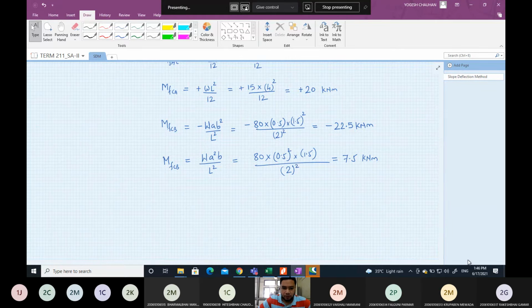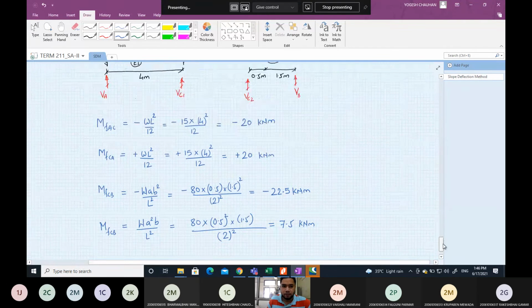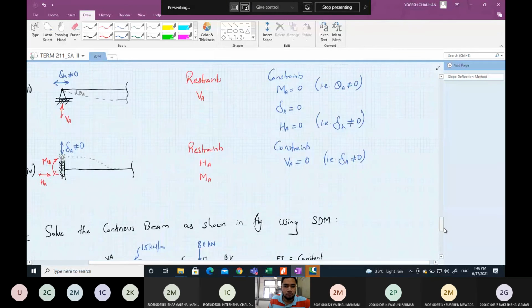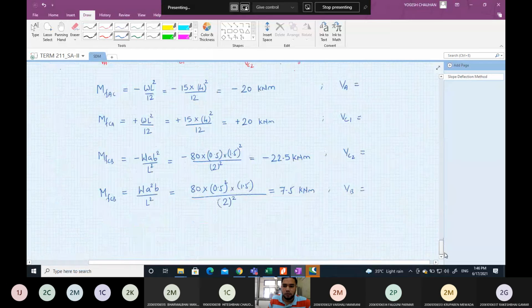Okay, you can also find the reactions here, which will be useful to draw the shear force diagram, but it is optional.